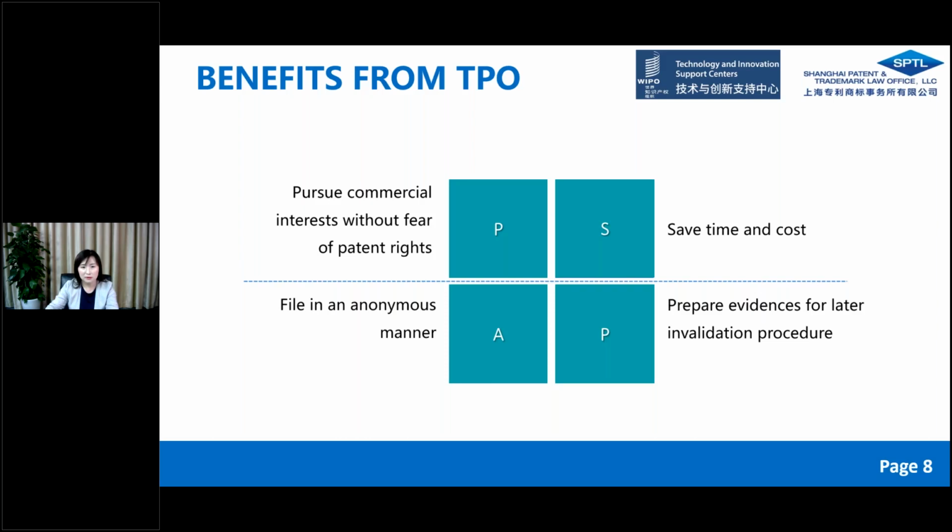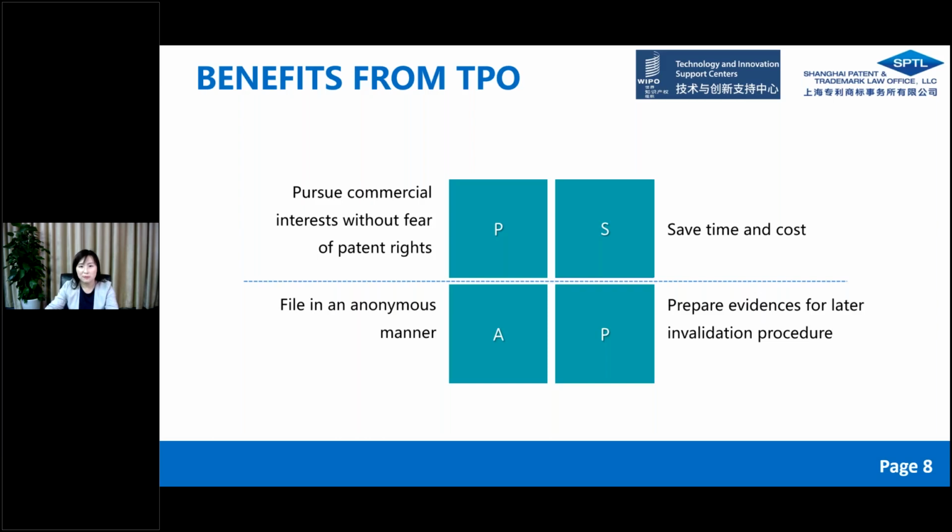Especially compared with the invalidation proceeding, submitting a third-party observation during the application prosecution period is more cost-effective and time-saving. No translation is required for reference documents in a foreign language. As the observation can be submitted anonymously, the submitter's identity is concealed.